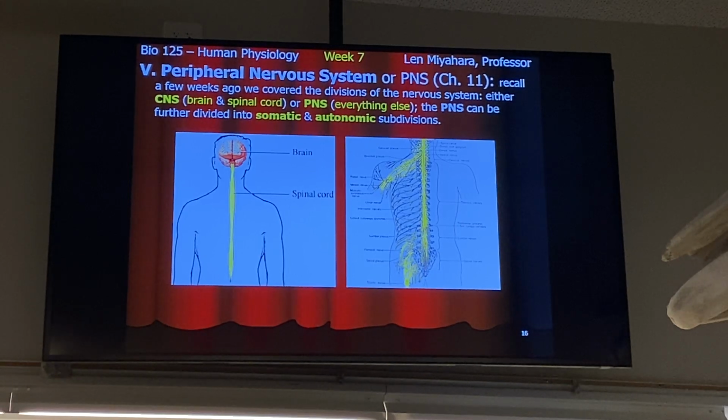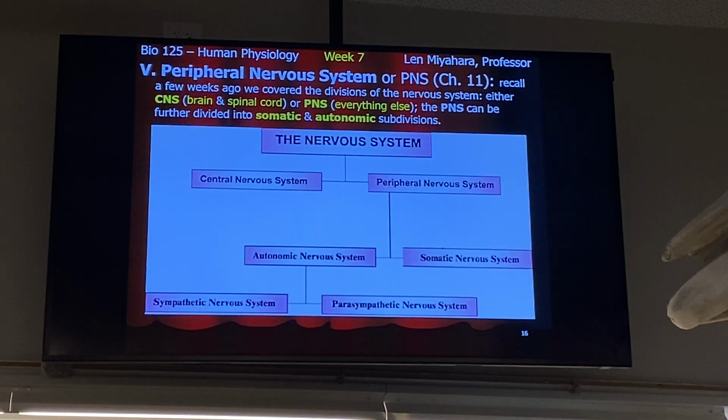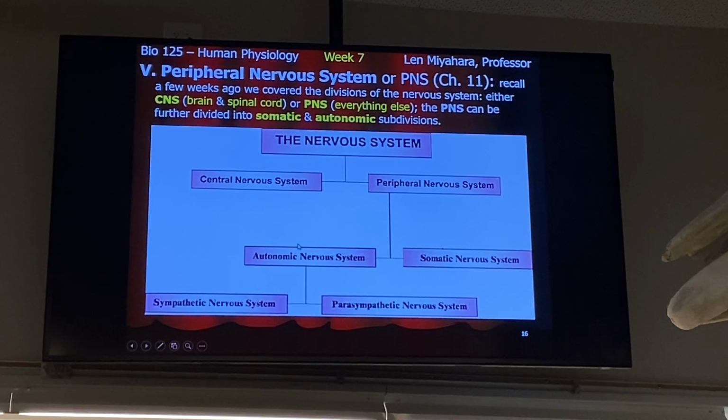Got it. All right, now let's go to the PNS. Remember that the CNS is the brain and spinal cord, PNS is everything else. And we have both somatic and autonomic divisions. You guys remember this from anatomy? Somatic, both sensory and motor, are things that you are conscious of. Autonomic, both sensory and motor, are things that you are not conscious of.